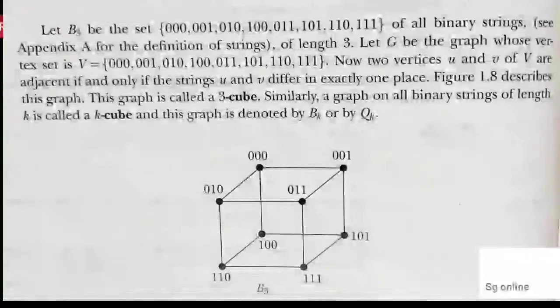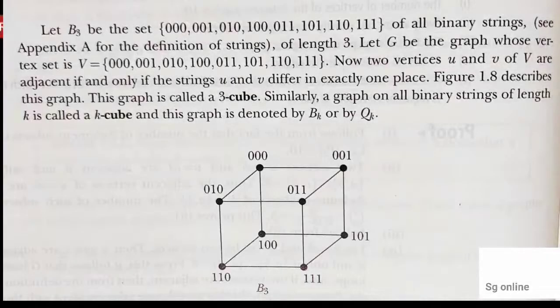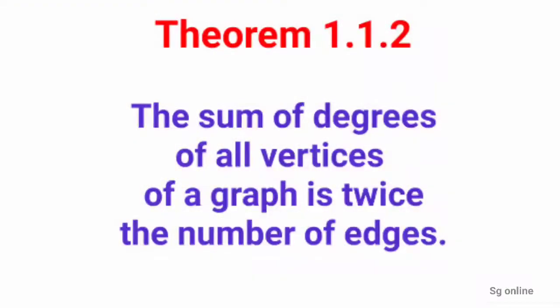The adjacency relation is the same: if they differ in exactly one place, then they are adjacent, and in that case each vertex has degree k, and so the graph is k-regular. Now we go for some results.